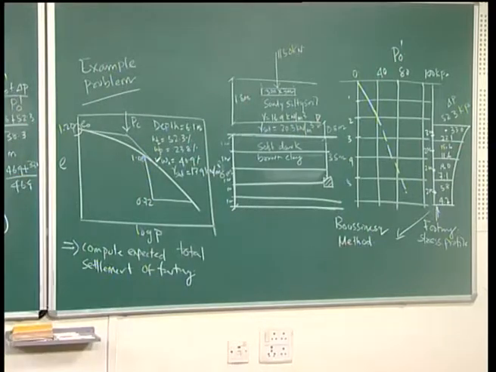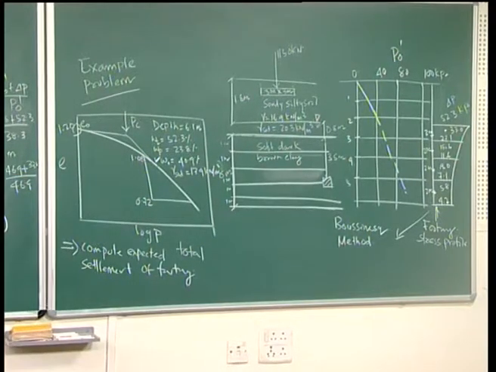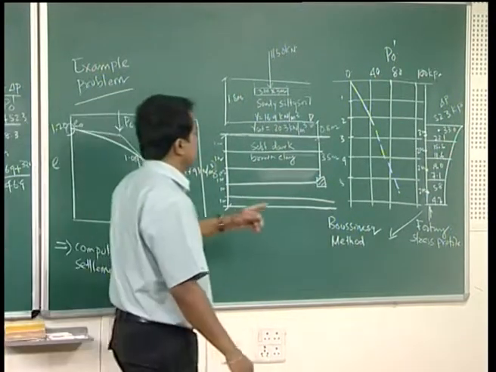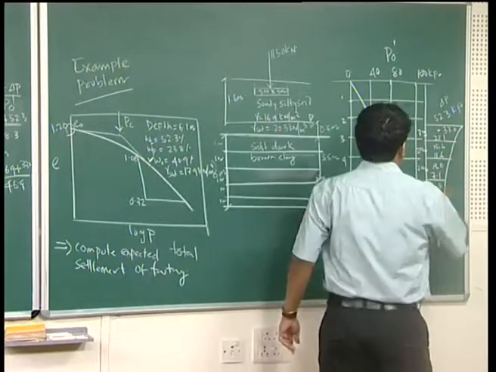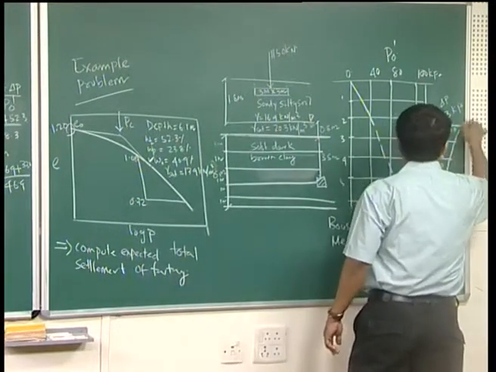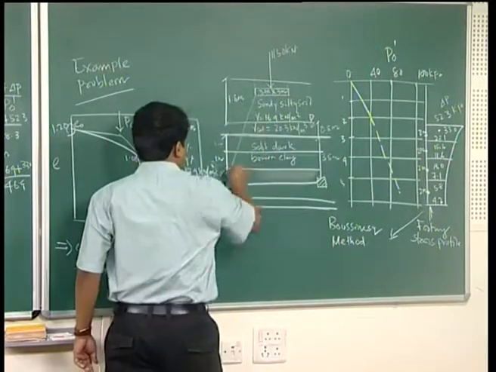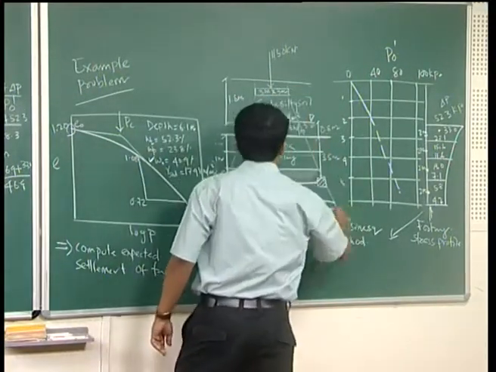Once you get the effective overburden pressure, the next step for settlement calculation is to find the increase in stress, delta P. Delta P, the increase in stress, you can get either from Boussinesq's theory, or by means of 2:1 distribution.